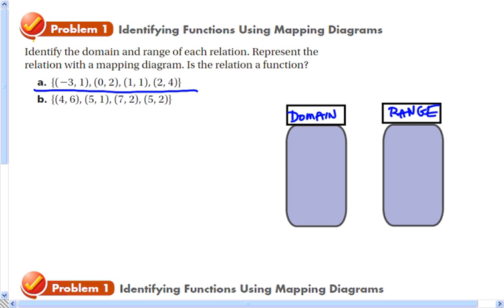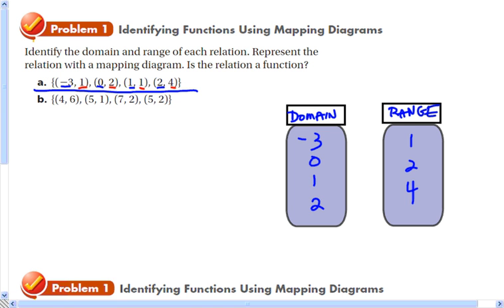And for letter A, my domain is -3, 0, 1, and 2. And my range is 1, 2, 1, and 4. So 1, 2, 4 for the range. And that's these values, the y values.